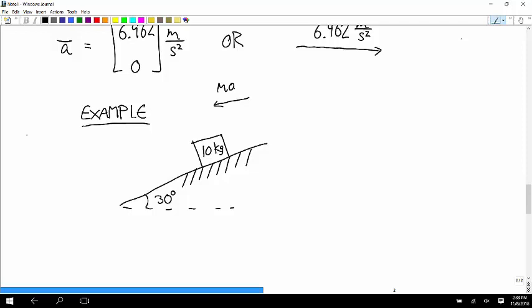So that's the direction of motion. And let's say that for these two materials, the coefficient of friction is 0.10. And we want to calculate the acceleration vector. And there are no other forces acting on it except the contact and the weight.